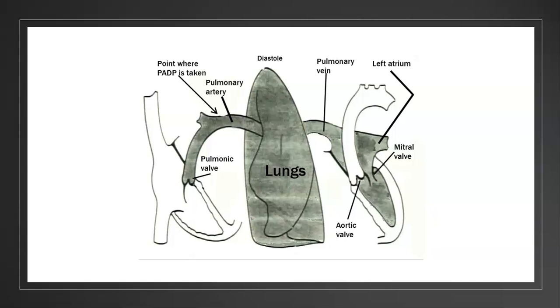During ventricular diastole, those pulmonic and aortic valves are closed and the mitral valve is open. So the ventricles fill passively from the atria, and then there is atrial contraction to fill them just before the valves close and systole begins again. And then the diastolic pulmonary artery pressure occurs at this time.